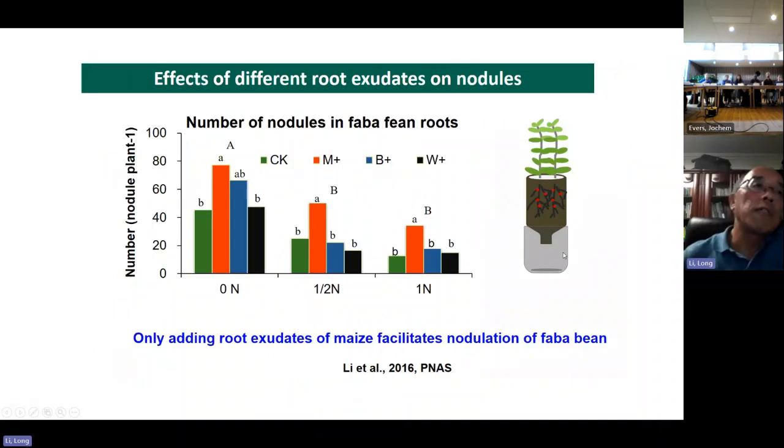We found the nodulation of faba bean in the treatment with maize root exudate addition is much higher than in others. So only the added root exudate of maize facilitated the nodulation of faba bean.